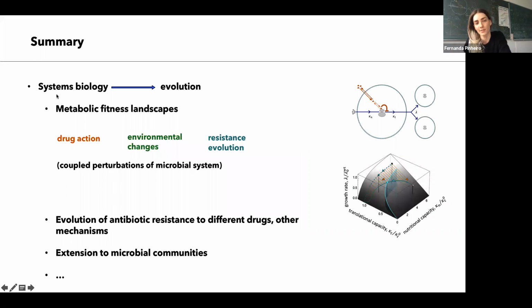Okay, so just to summarize, this was an example that illustrates the fact that systems biology is very useful for evolutionary predictions. So the whole point is that systems modeling is useful to describe the nonlinearities that we see in biological data.